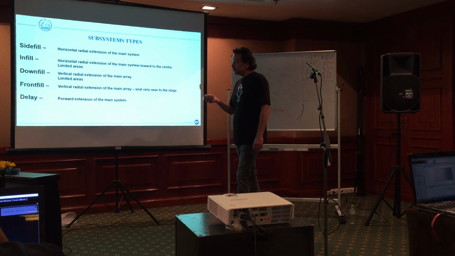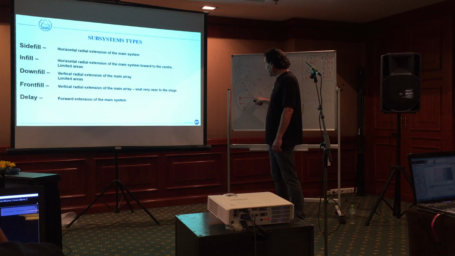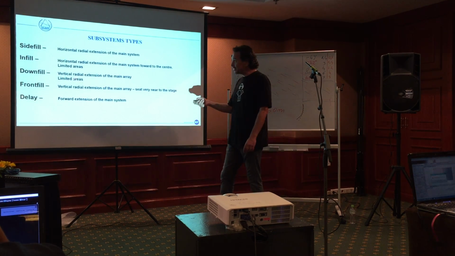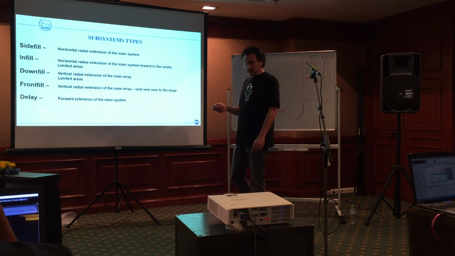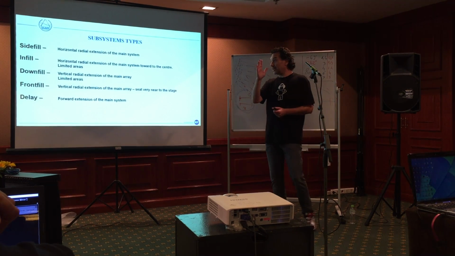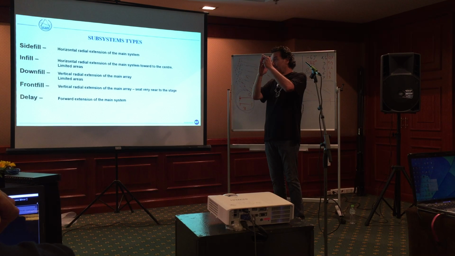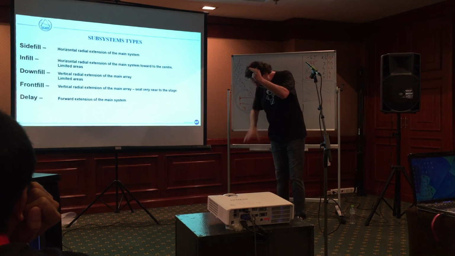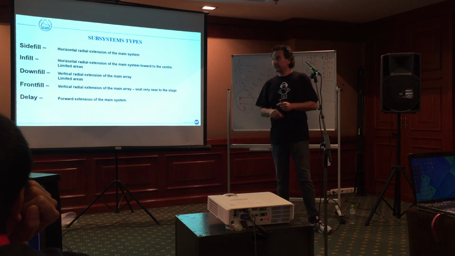Or to cover the same area, we can add some downfield, which are systems placed under the main cluster, attached to the main cluster, but covering the area very close to the stage.